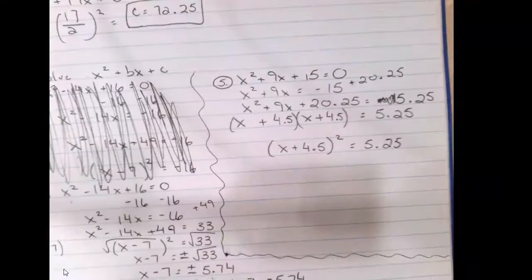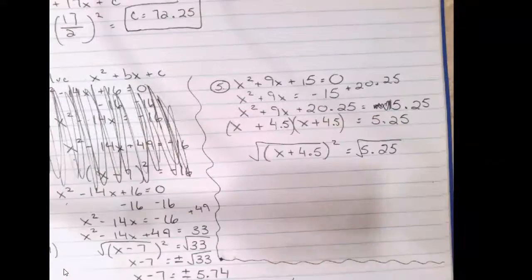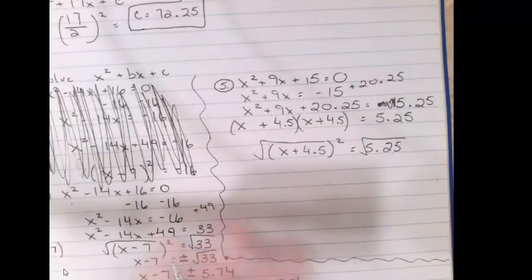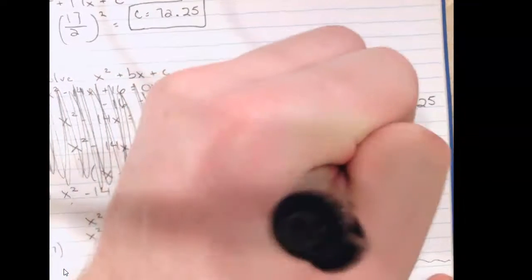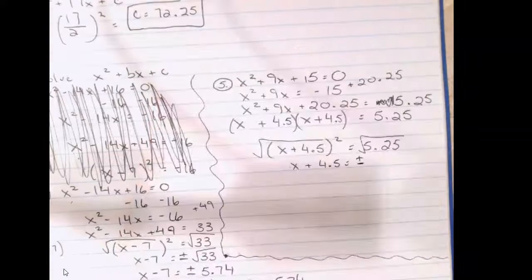So, again, if we look at the steps with this one, you have that quantity squared equal to 5.25. I want to square root, get rid of my square. I'm looking to get x by itself. So x plus 4.5 is equal to, again, a plus or minus.